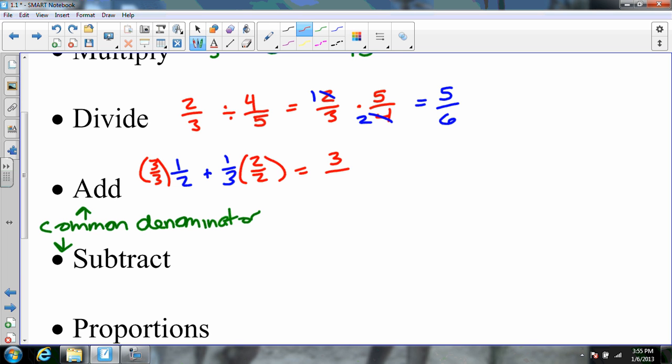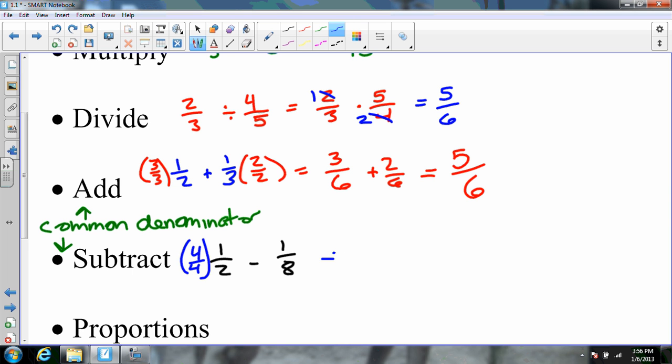It becomes 3/6 plus 2/6, and it goes to 5 over 6. For subtracting, if you had, let's say, 1/2 minus 1/8, 2 actually goes into 8, and we only need to multiply 1/2 by 4 over 4. And we get 4 over 8 minus 1 over 8, and we get 3/8.